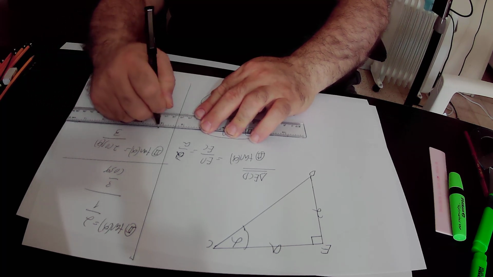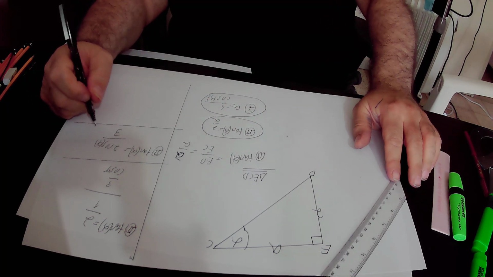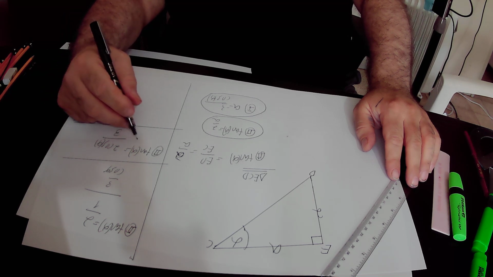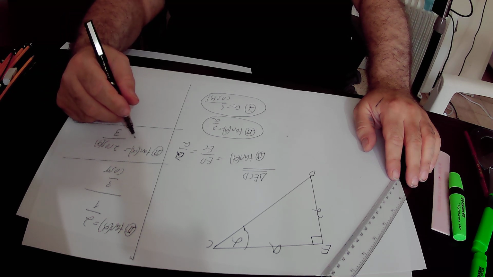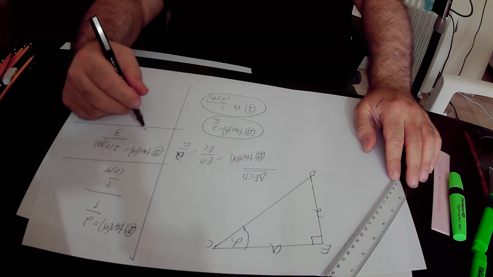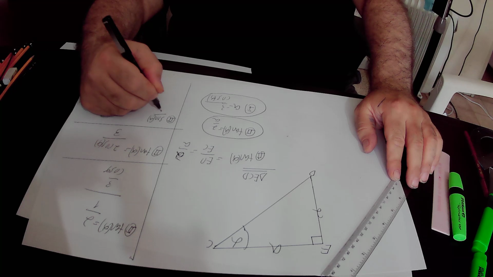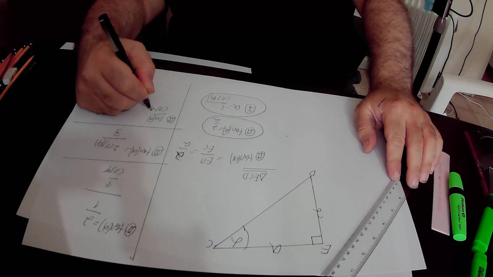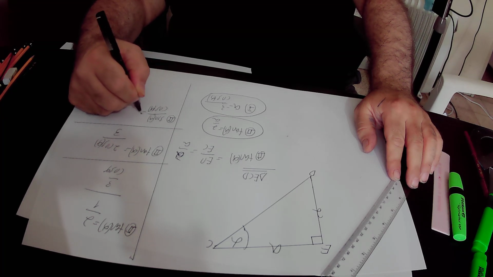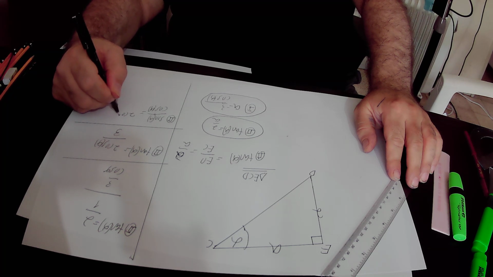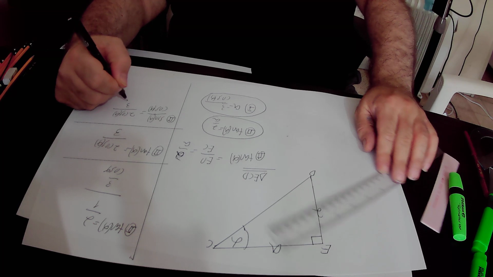We know that tangent alpha equals sine alpha over cosine alpha. So we substitute tangent alpha in this equation number 2 by sine alpha over cosine alpha, and we get that tangent alpha is equal to sine alpha over cosine alpha, and it is equal to 2 times cosine alpha over 3.